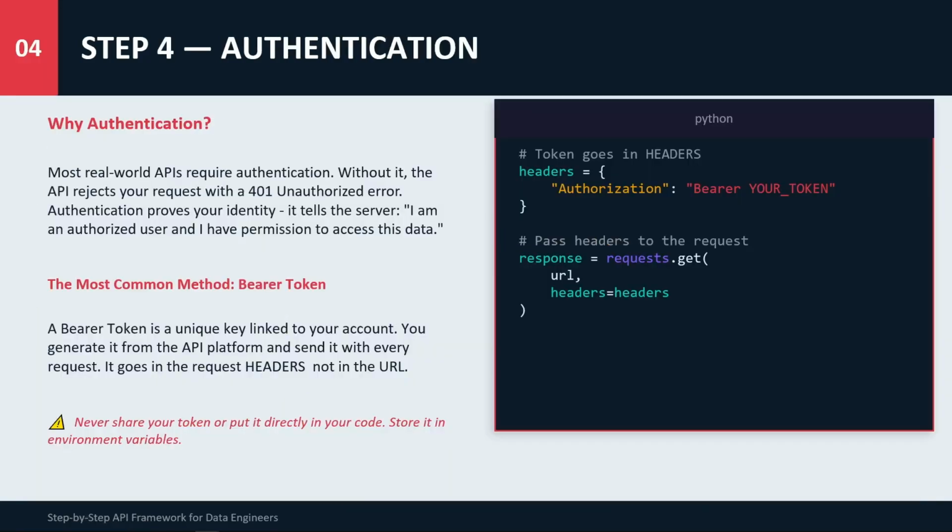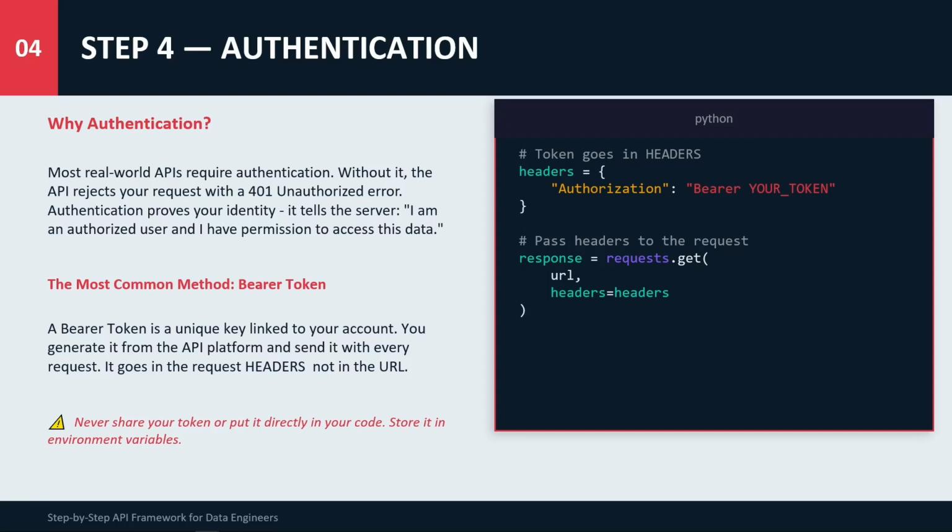All right, so let's go to authentication. What is authentication? Authentication is just the way of asking whether you are allowed to enter or access the API. If the API replies with a response of 401, it means that you are unauthorized and you need to check your token.